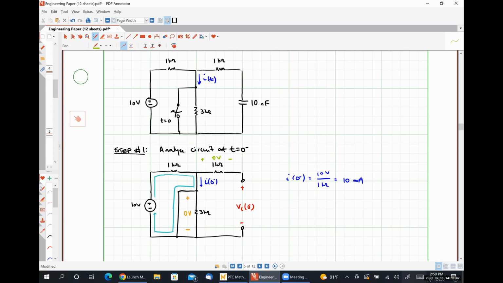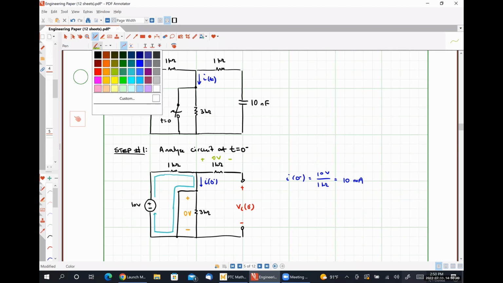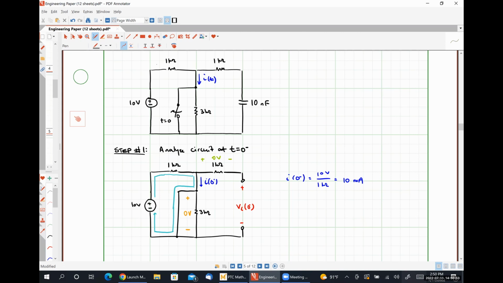So if I write a Kirchhoff's voltage law loop, or Kirchhoff's voltage law equation around this loop, what I'll find is that 0 plus 0 plus VC is equal to 0, which means VC at 0 minus has to be equal to 0 volts.